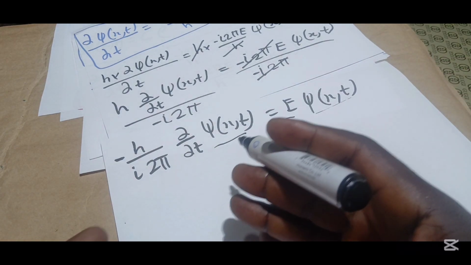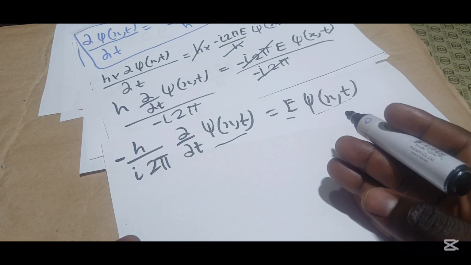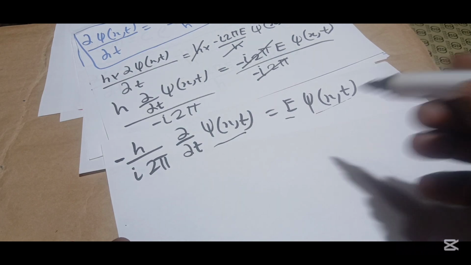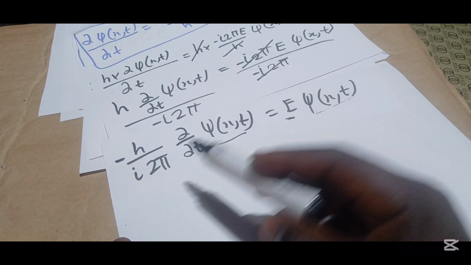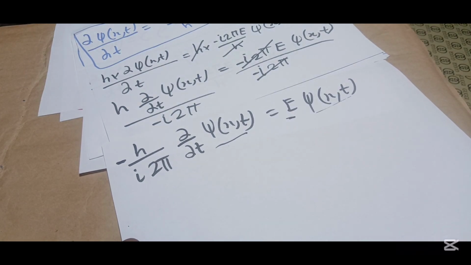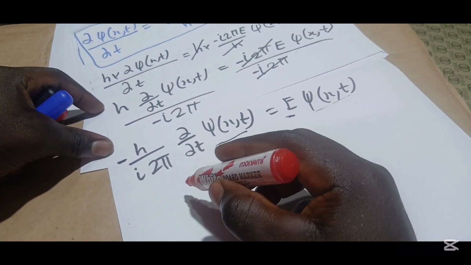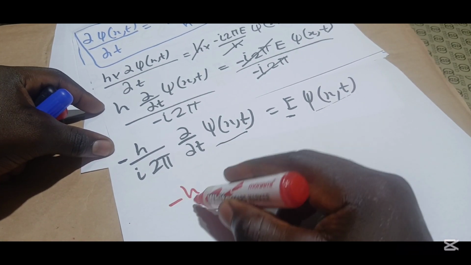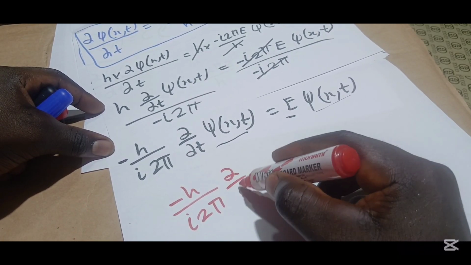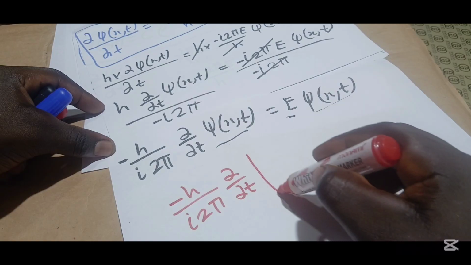You operate something on a red substance, and at the end you get the red substance back and a certain value. So this is an energy operator. We can now define our energy operator as minus h over I 2 pi d dt.